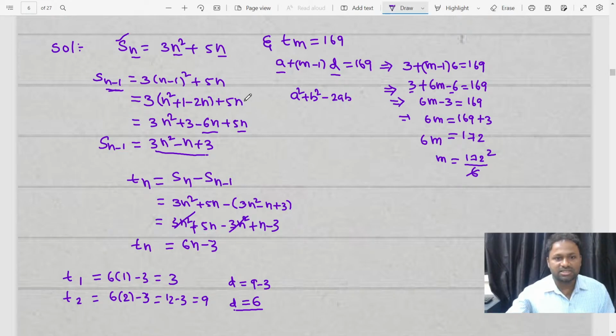This is the change. 5 into n minus 1 we need to take. Here we get 3 minus 5, which will be minus 2.